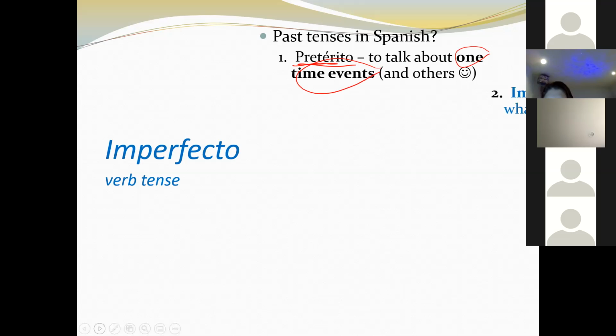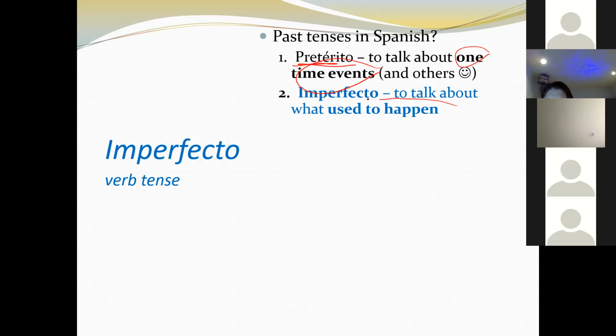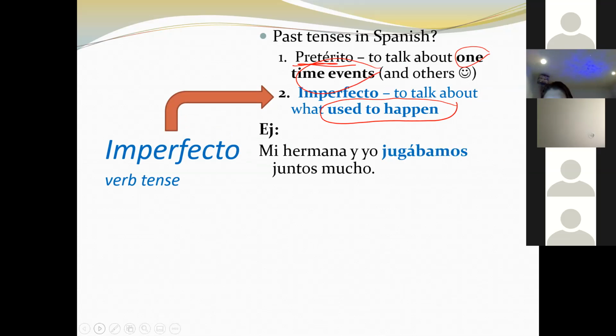The second one that we're learning now is called imperfecto, and it is to talk about what used to happen. So not only one time in the past, more than one time in the past. Questions, comments? Okay. So example, mi hermana y yo jugábamos juntos mucho.